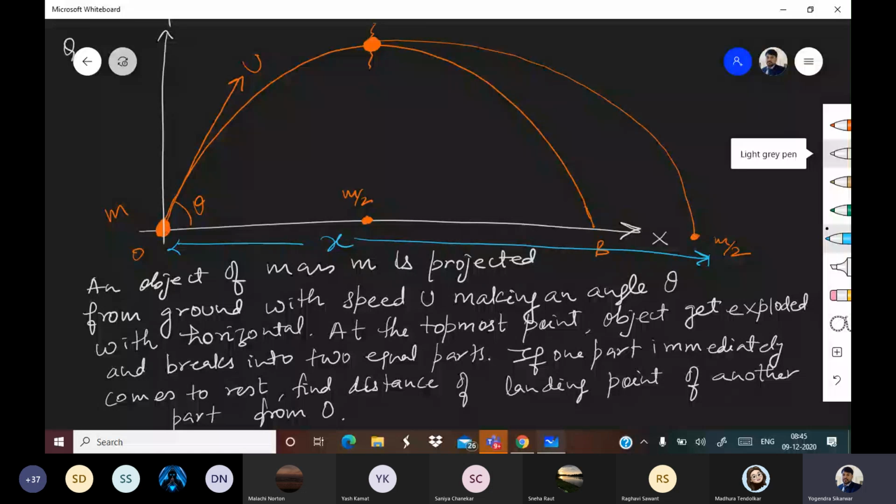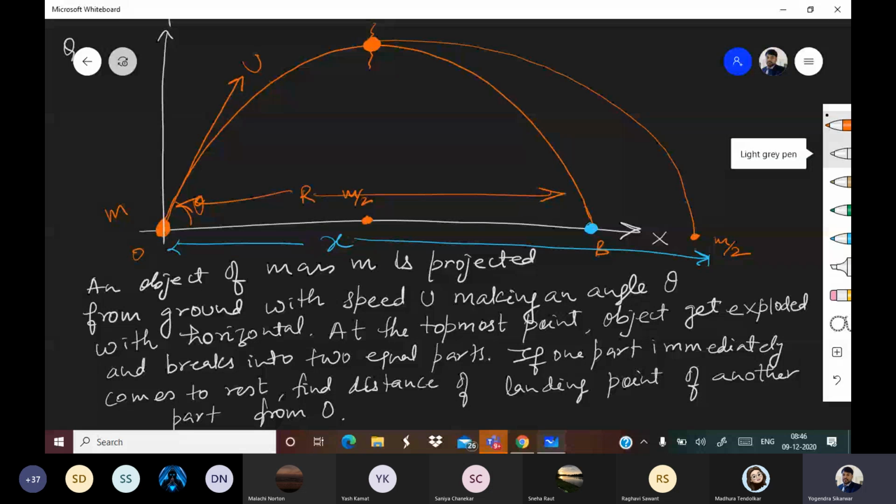In the beginning, your center of mass was going to land at B. That means ultimately your center of mass should land at B only. The distance of B from O is R, so your center of mass should land ultimately at distance R.